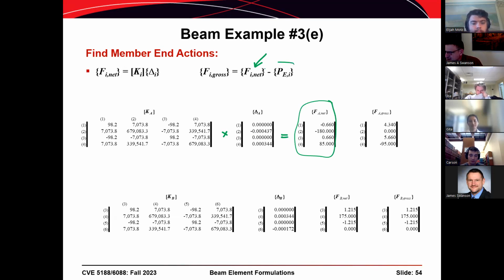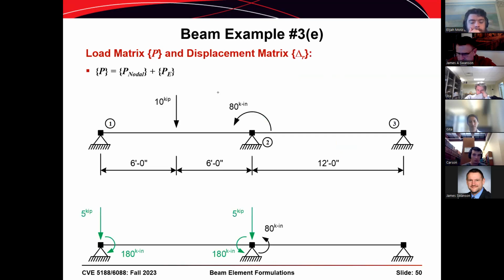But then we have to subtract out the equivalent end actions in order to get to the final, or what I call the gross end actions. And the rationale is this. When we come in and represent our member loads, we create these fictitious loads at these nodes in order to represent that 10 kip member force. And so we've added in 4 fictitious forces. They're not really there.